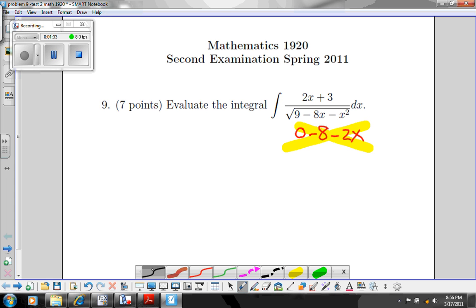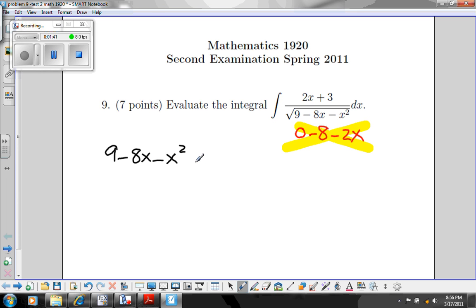So we take this 9 minus 8x minus x squared, and we write this as 9. Let me bring the negative out: 8x plus x squared. Now that's not the form that we're used to seeing, so let's rewrite it again: 9 minus x squared plus 8x. So what do we do now? We write this as 9 minus, now open brackets because you want to make sure that you're multiplying the negative in at the end.